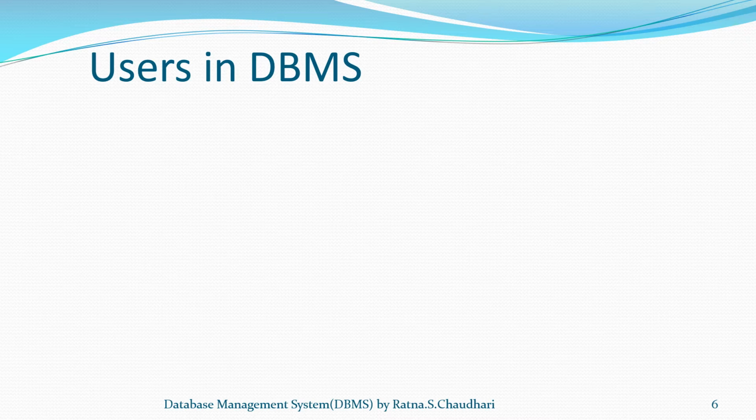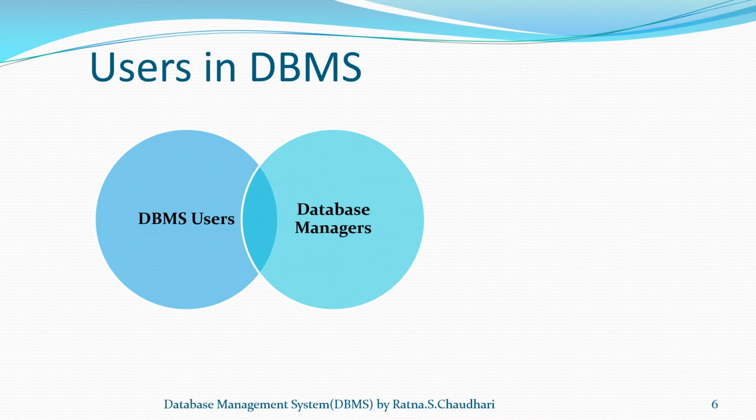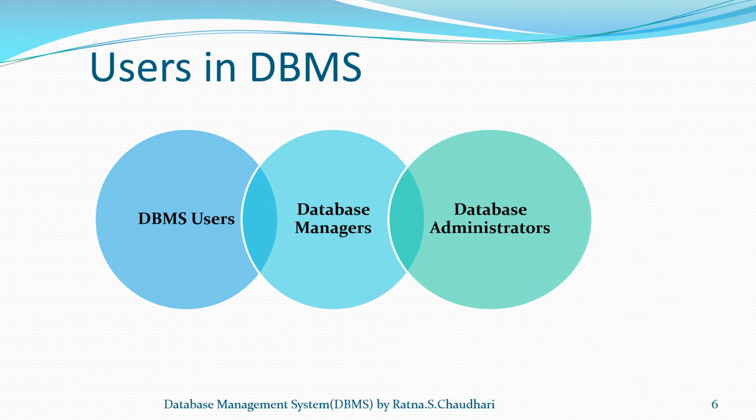These groups are on the basis of degree of expertise or the mode of their interactions with the database management system. So we have three groups. First is DBMS users, second is database managers, and third is database administrators.